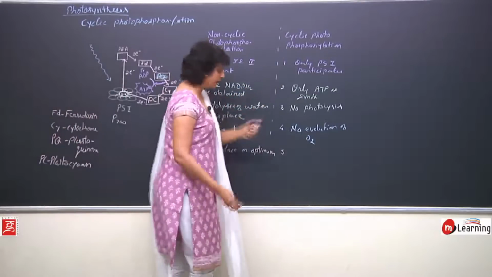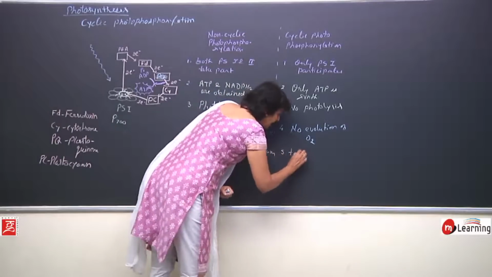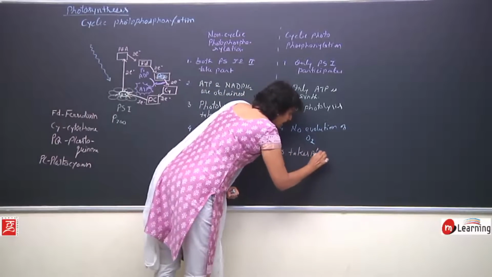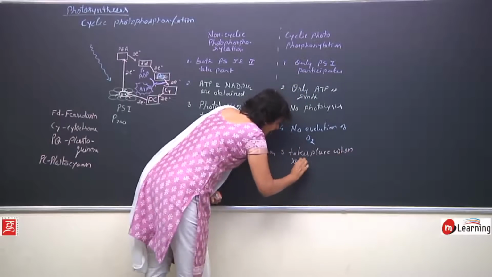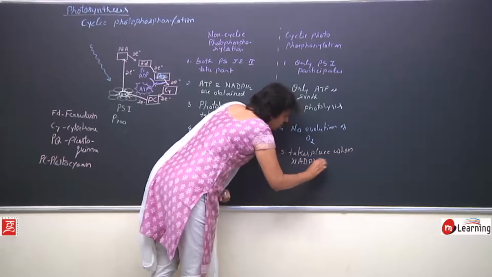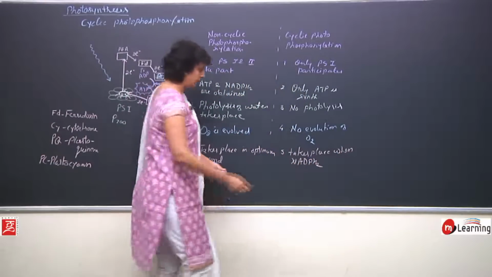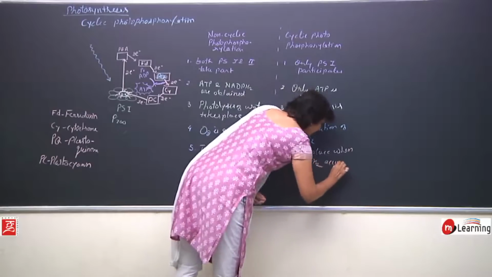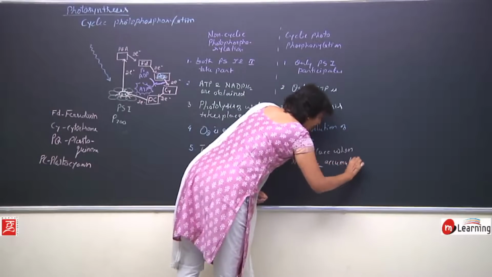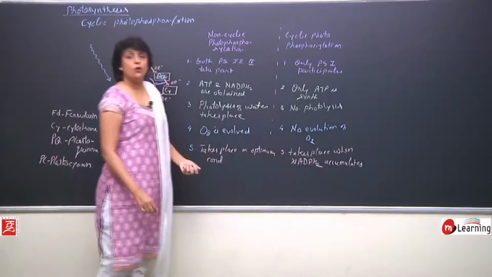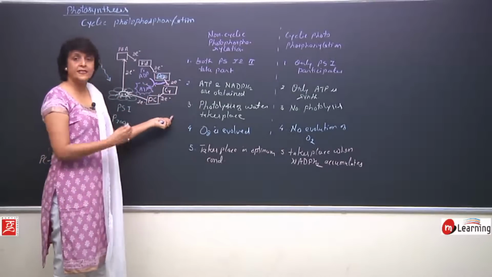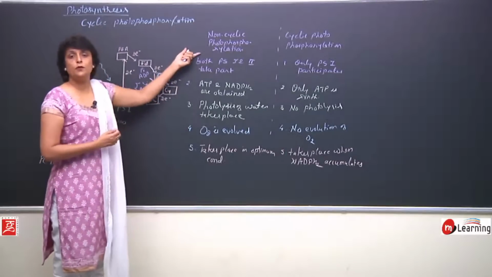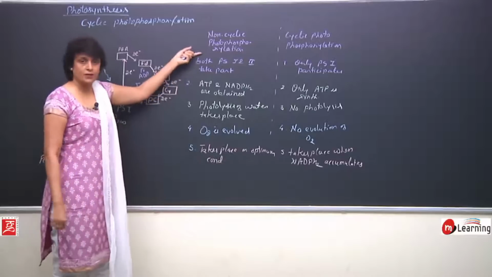So, this takes place when NADPH2 accumulates. So, in normal condition non-cyclic would take place, and that is why we say that the most common photophosphorylation which is taking place is non-cyclic.